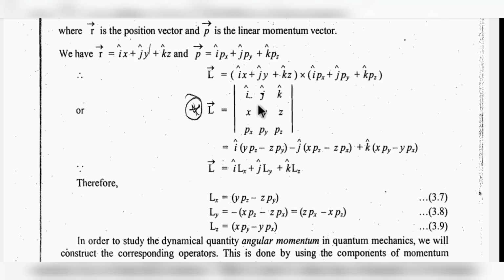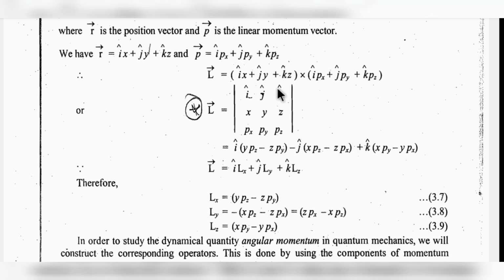In the same way, when we find the value of j, there is a minus sign in the formula, and we don't write this row and this column: x multiplied by pz minus px multiplied by z.